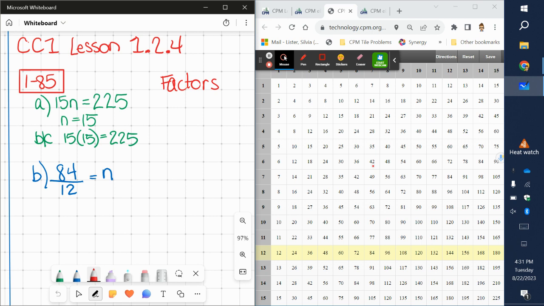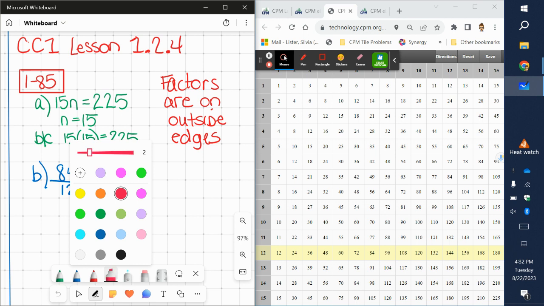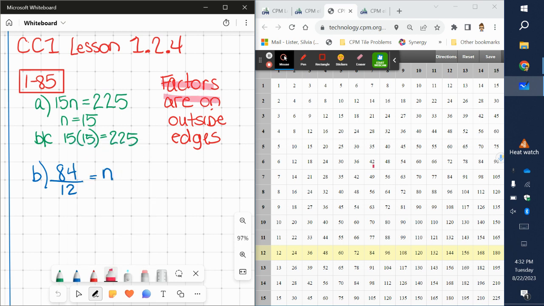So factors are on the outside edges. I'm going to highlight that too, just so that I can remember that. I'm going to highlight it in red. These are my factors.